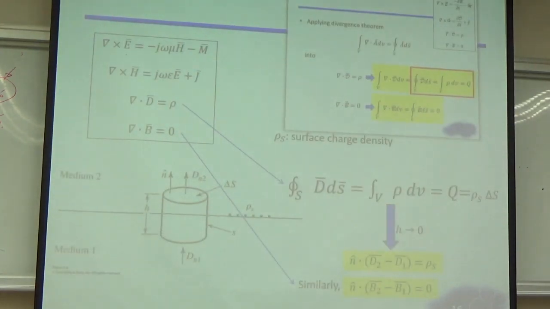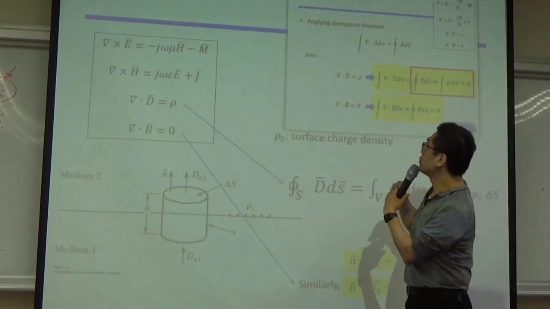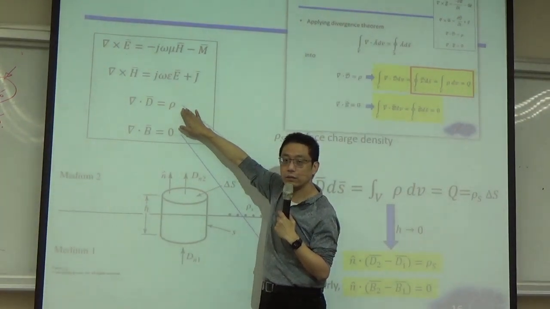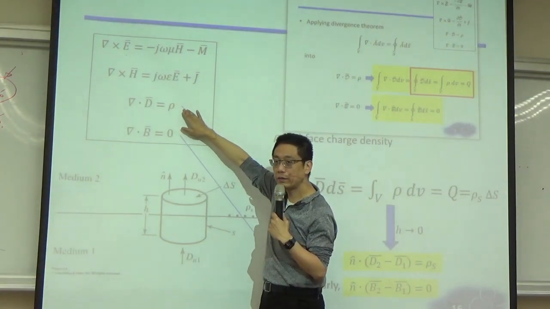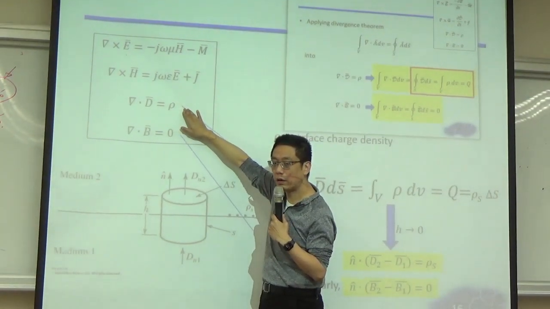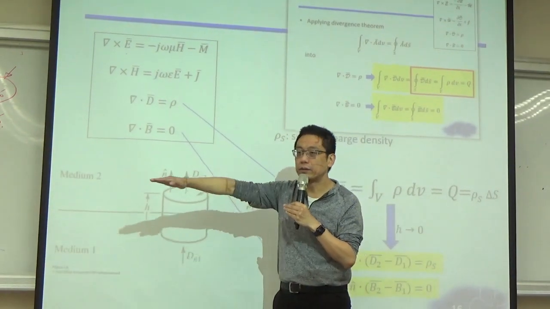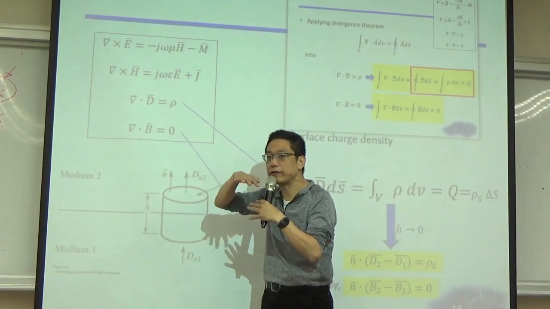Okay, and this is the first boundary condition we tried to explain last week. I use Gauss's law in differential form. If I look at this equation, I regard it as there is a boundary and I have a surface integration.